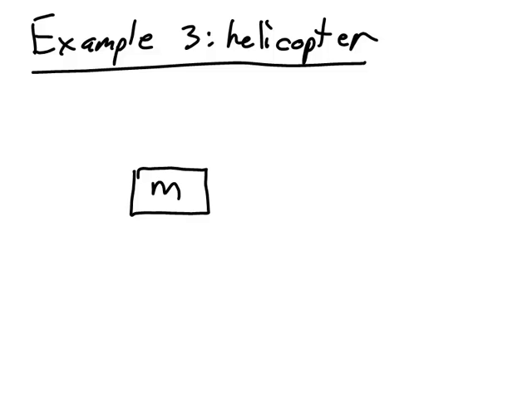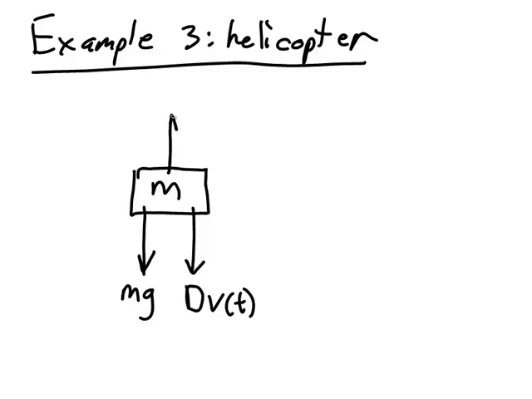It had gravity pulling down, it had a damping force pulling down, which was proportional to the vertical velocity of the mass, and it also had a lift force pulling up. Here, the input signal was the lift force, and the output signal was the vertical velocity of the helicopter.